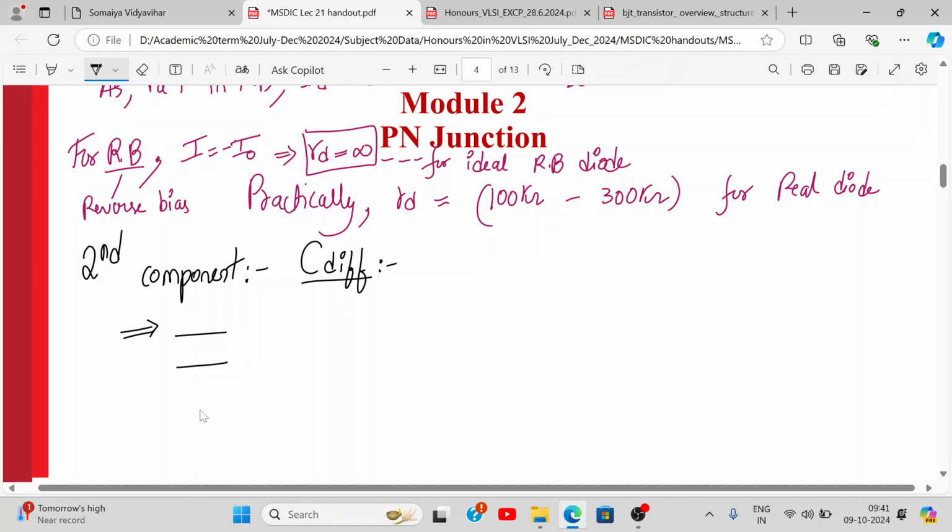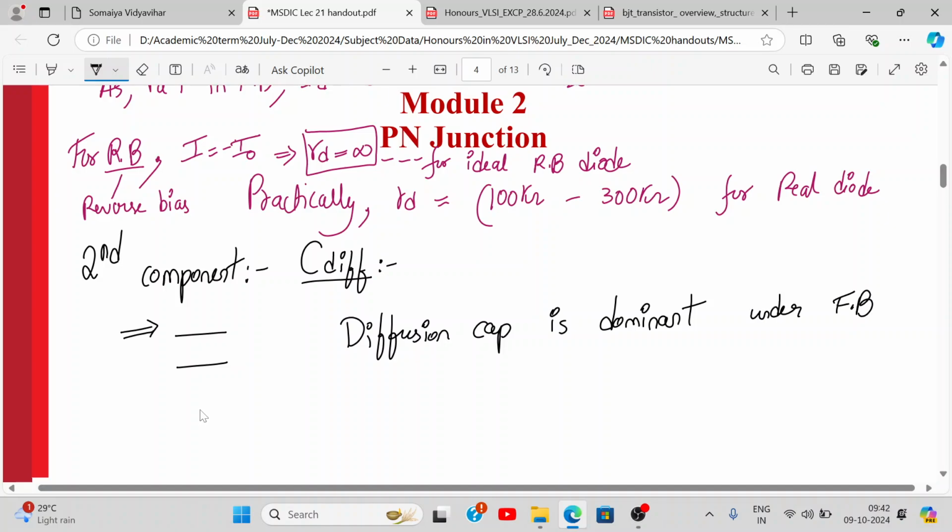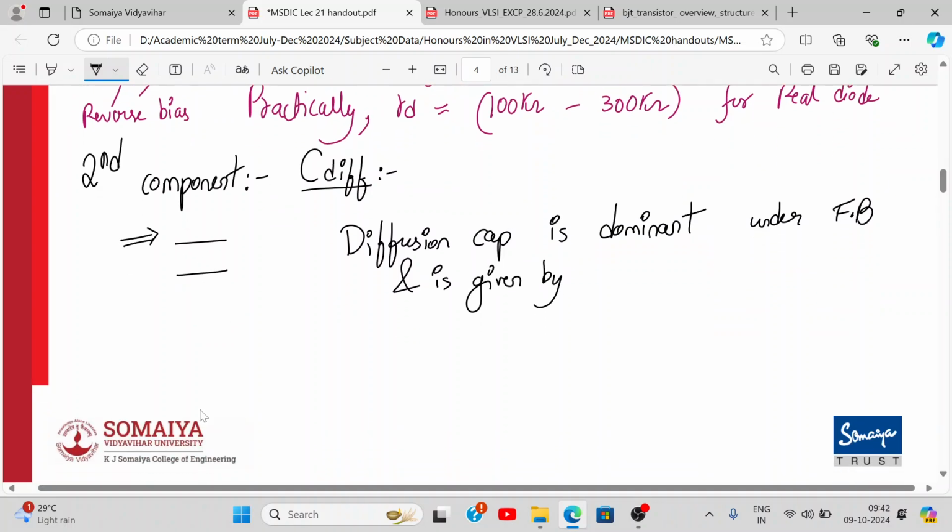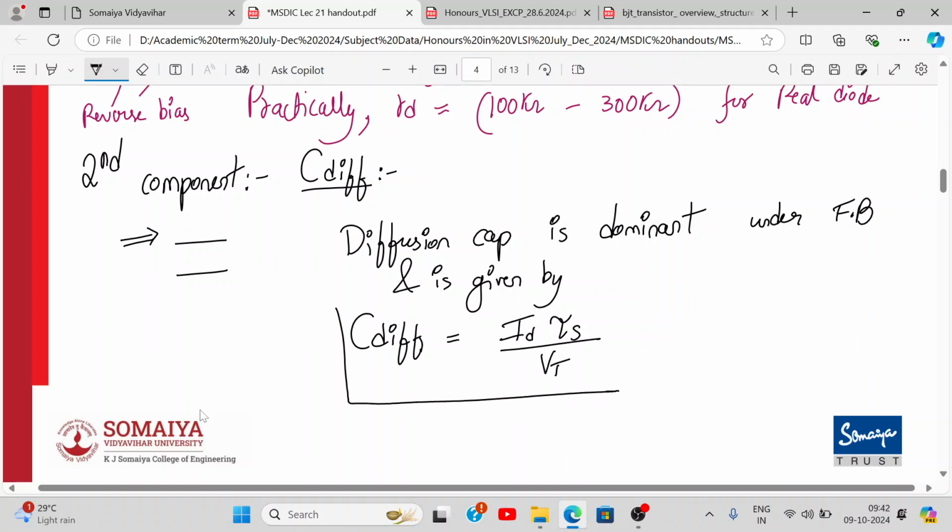So write down: diffusion capacitance is dominant under forward bias and is given by, now this you don't have the derivation for it, C_diff is equal to I_D tau_s upon V_T. Okay, tau_s is the storage time.